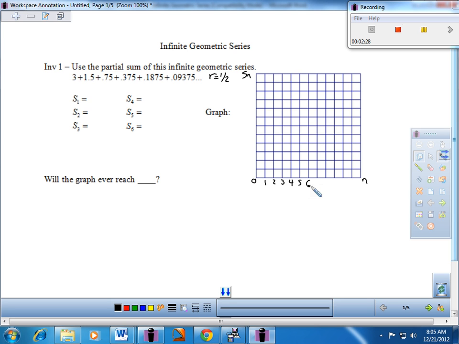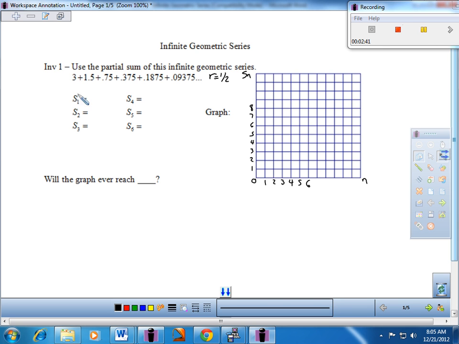And then let's do a 1, 2, 3, 4, 5, 6, and I'm going to go up to 8 there, not that it matters a whole lot. Now what I'd like to do is fill in these values and then plot these values and see what the graphical pattern tells us.